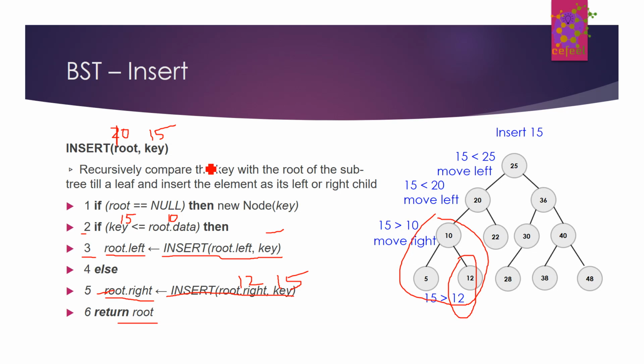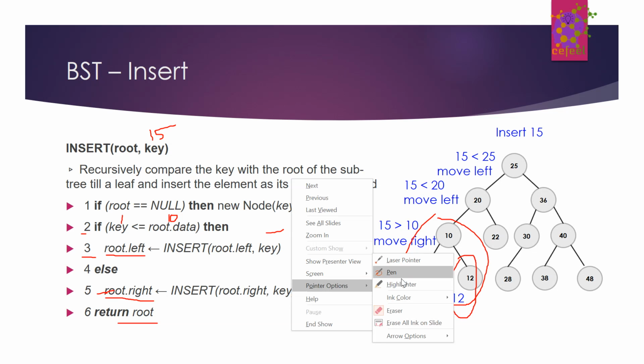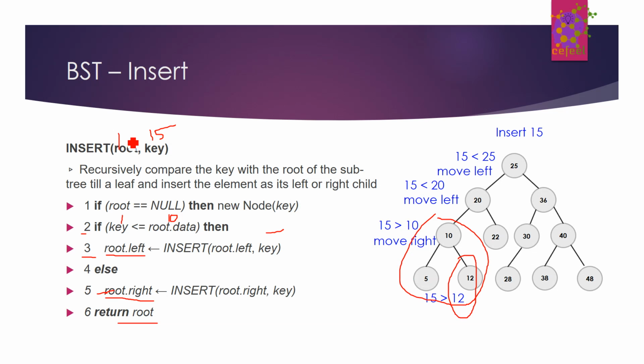and when 15 is called with 12, in the next recursive call, let me clean this over again. So we will have this as 12. So 12 and 15 will be compared. We'll see 15 is greater than 12.